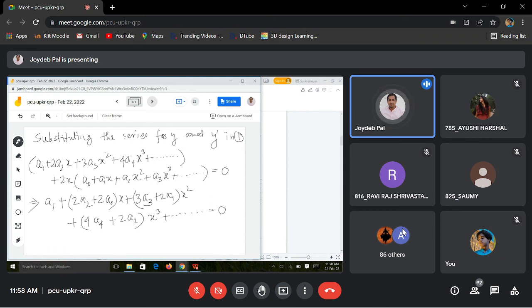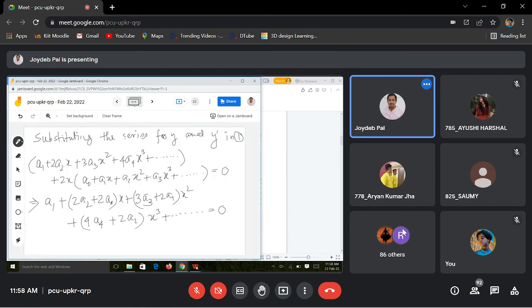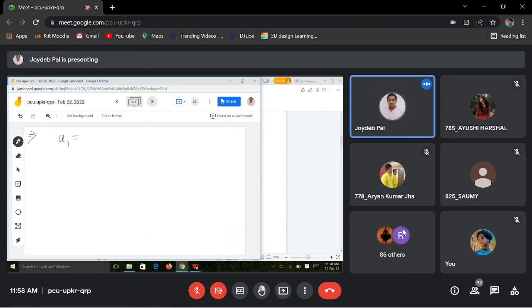You can compare coefficients left side, right side. Now after comparing left side and right side coefficients, so firstly you compare constant term. Left side constant term a1 and right side constant term 0. 0 मतलब सभी term 0 है ना, तो right side constant term 0.